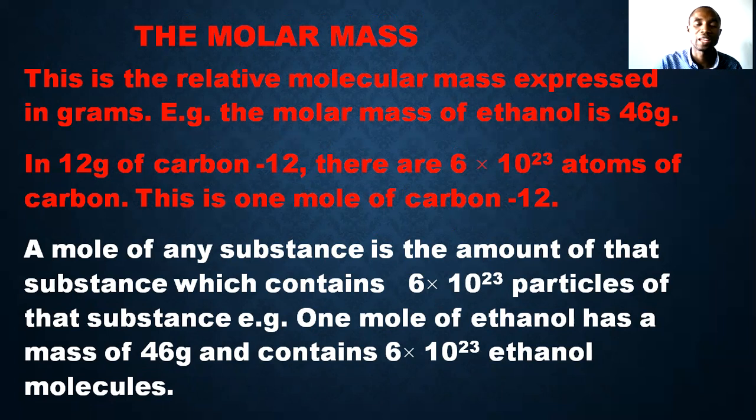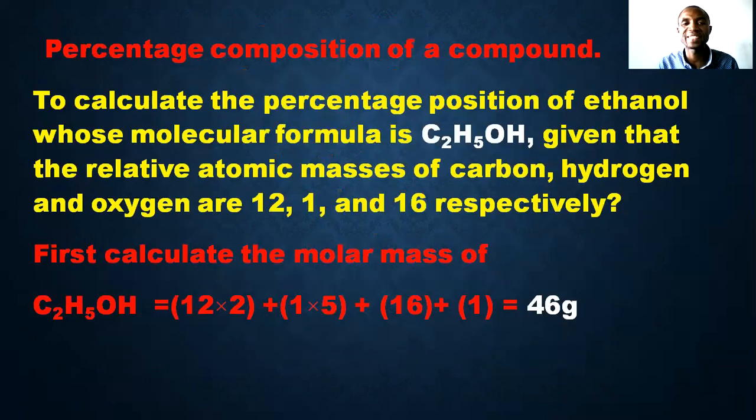Okay, now let's look at the percentage composition of a compound. Whenever you hear about percentage, it is all about 100. Now, to calculate the percentage composition of ethanol, whose molecular formula is C2H5OH, given that the relative atomic masses of carbon, hydrogen, and oxygen are 12, 1, and 16 respectively.